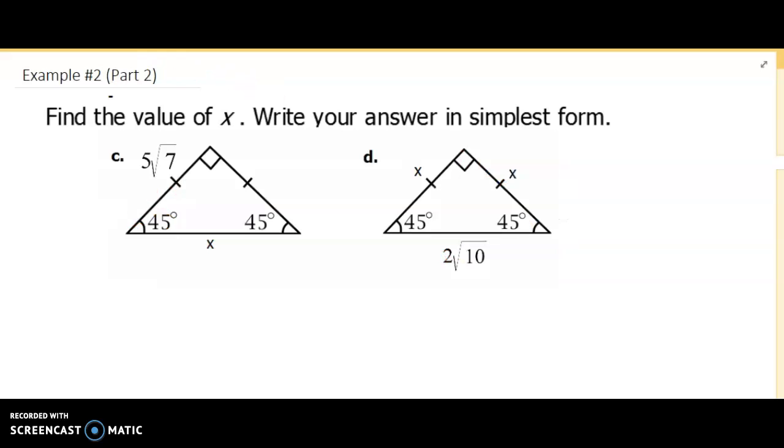All right, now these two are a little more difficult. So I'm going to do D with you and then have you do C by yourself. But the first thing I want to do is I want to label this. So the side is x, x, and then the hypotenuse is always x times square root of 2.